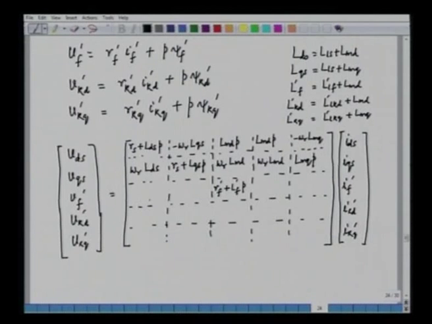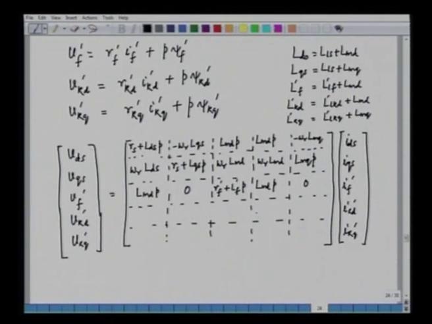So, we were writing the third row. In the third row, we have Rf prime plus Lf prime P, and this will be having the coupling with the D axis damper. We have LMDP and the D axis stator LMDP, and there is no rotationally induced EMF in the rotor. So, we have zeros here.